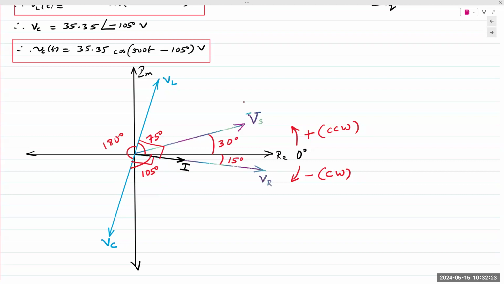And because the current is the same for both, the phase for the voltage VL and VC is 180 degrees. Plus 90 and minus 90. Exactly opposite. If it was a different circuit configuration and they did not share the same current, then the phase difference would not be 180. It would be something else.